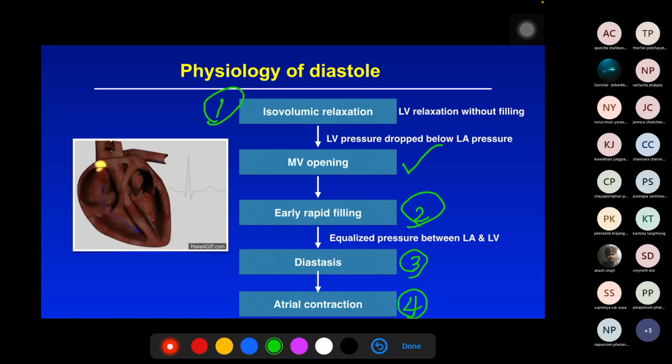When the pressure between LA and LV is equal, it starts the third phase, the diastasis. In this phase there is just a little bit of blood flow from the LA to LV. When the atrial kick, or atrial contraction, is generated, the last phase pushes the last blood from LA to the LV. This is all of the physiology in the diastolic four phases.